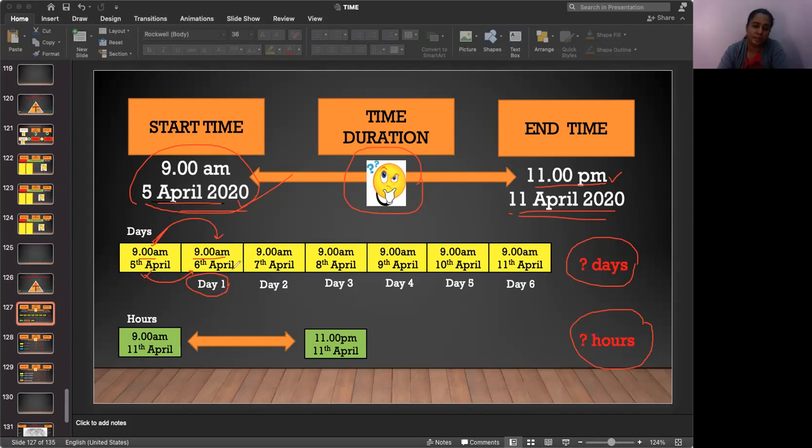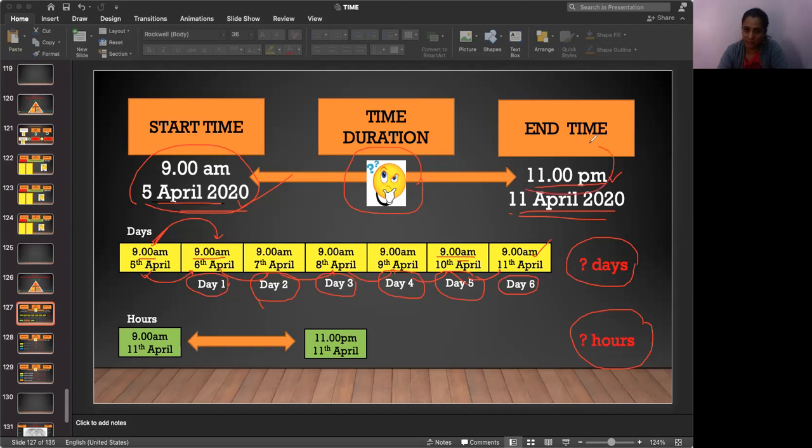Then from 6th April 9 a.m. until 7th April 9 a.m., that's 2 days. 7th April until 8th April, that's 3 days. 8th April until 9th April, that's 4 days. And 9th until the 10th, again the time has not changed, it's 5 days. And up to 11th April, 9 a.m., we have covered 6 days.